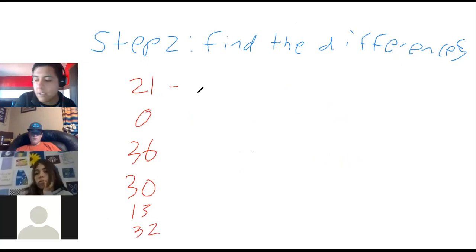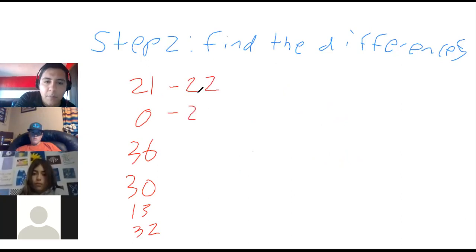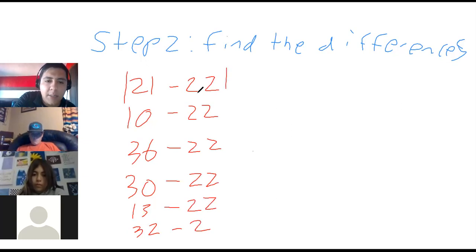Now I'm gonna find the difference. So I want to subtract my mean from every single one of these. So I subtract 22 from each of these. Okay. Now, like I said, I don't care about the negatives. So what I'm gonna do is I put them between absolute values.